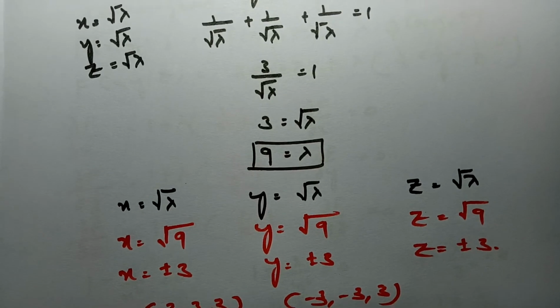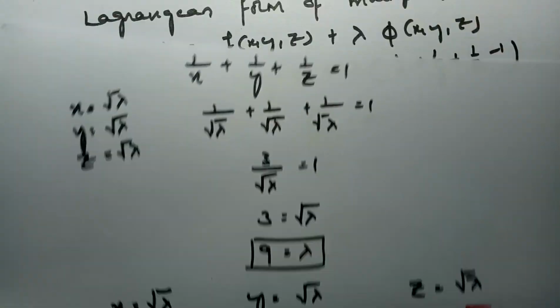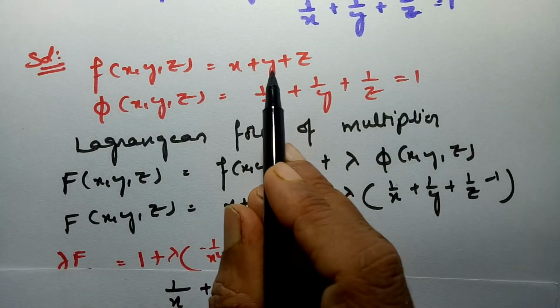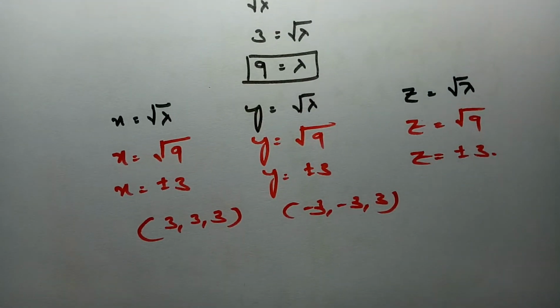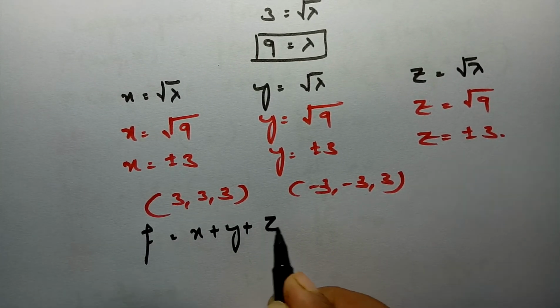We have to substitute in the function. So what is the function? The function is x plus y plus z, so f is equal to x plus y plus z.